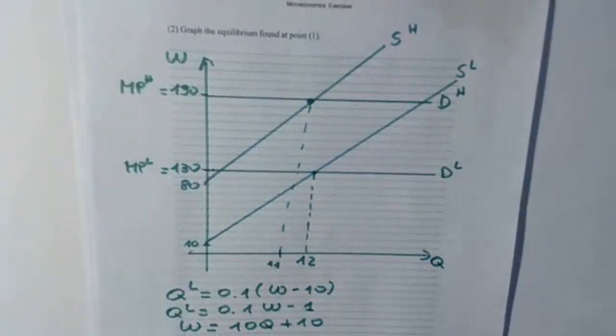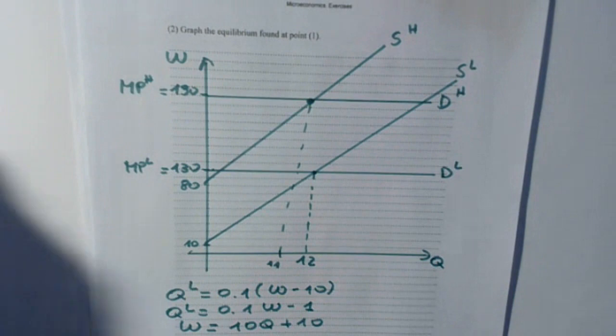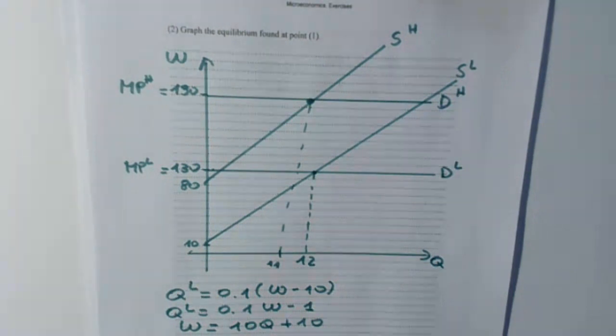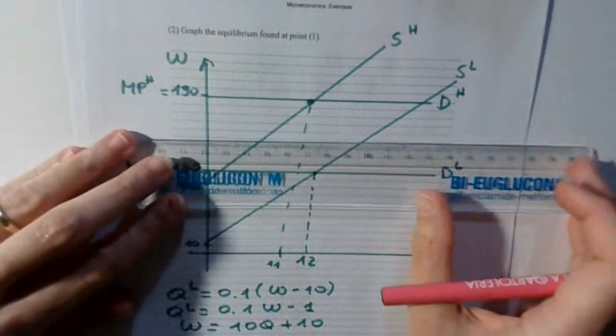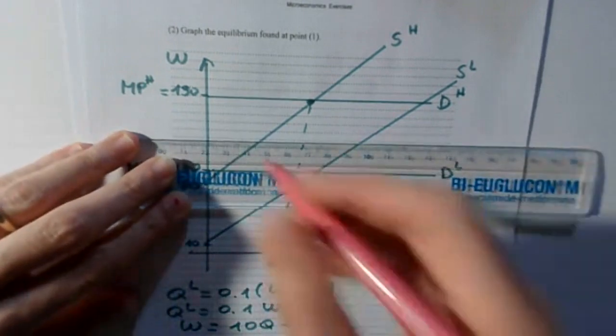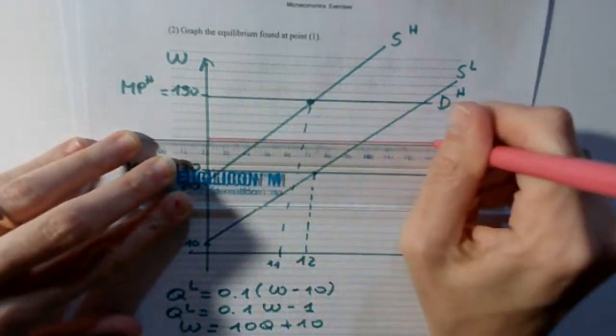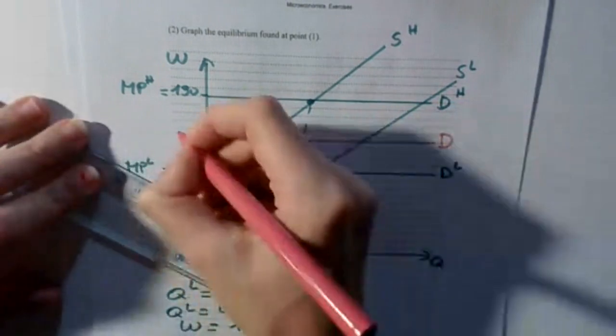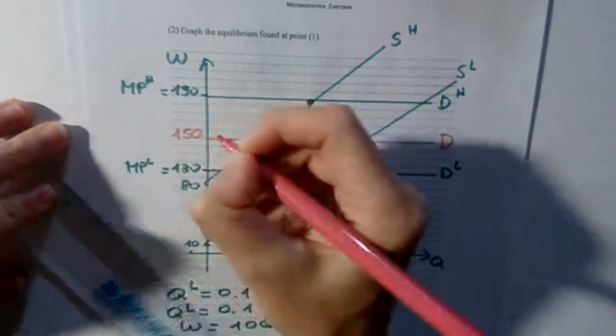So let's take here, okay? I change color so now you can see. Okay, so let's say that 150 is somewhere here. So this is D, total D, 150.